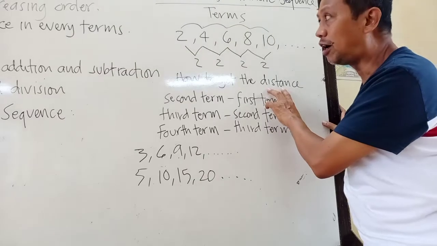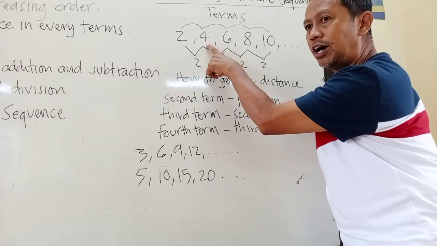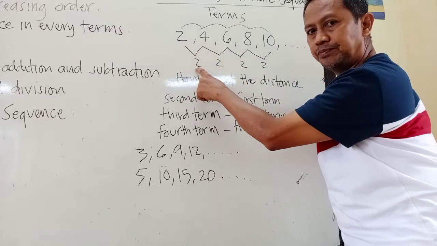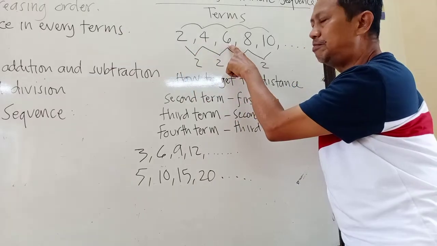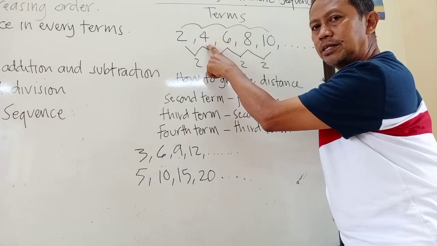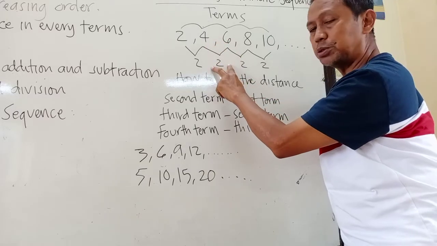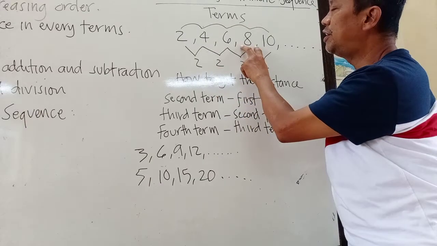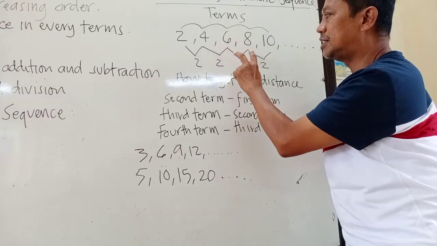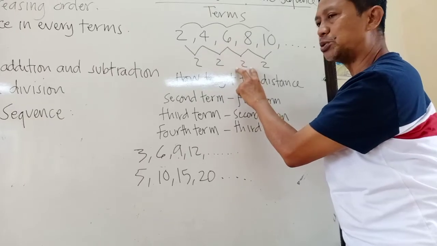So the second term, 4, minus the first term, the distance is 2. The third term minus the second term, the distance is 2. The fourth term, you subtract the third term, the difference is 2.